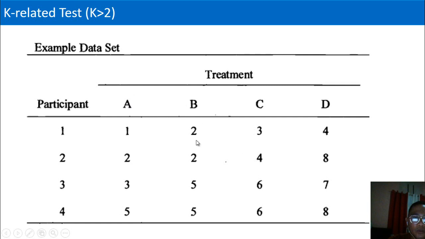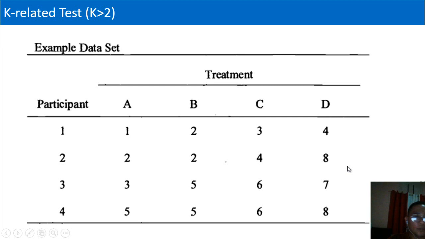For treatment B, we have 2 hours of relief, and so on. For C, you have 3, 5, 4, 6 hours. For treatment D, we have 4. So that means these participants underwent treatment A, then adequate time interval, then treatment B, adequate interval, treatment C, another interval of time, and then treatment D.